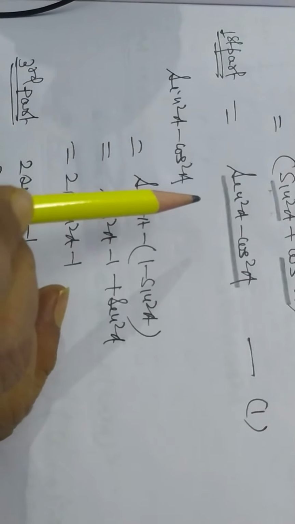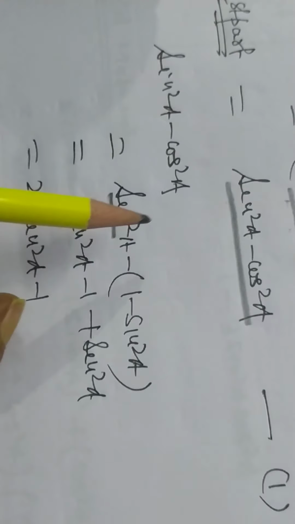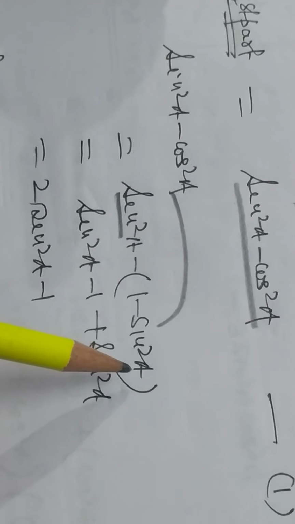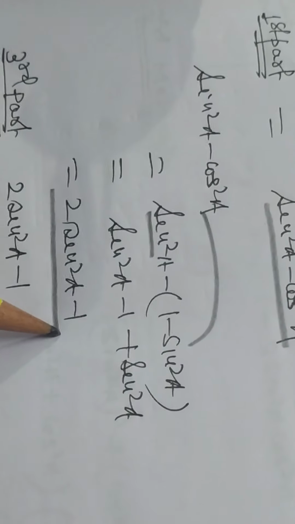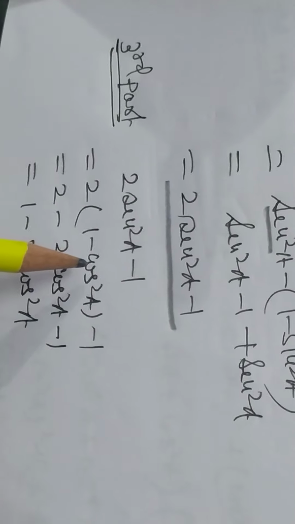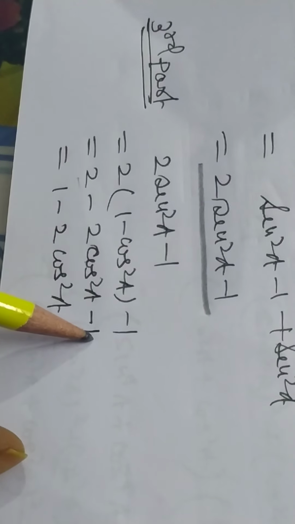So the first part, sin square a minus cos square a, can be written as sin square a minus cos square a, and instead of cos square a we write 1 minus sin square a. After simplification, it is 2 sin square a minus 1. The third part is 2 sin square a minus 1. Now you change sin square a in terms of cos square a, and it will be 2 minus 2 cos square a minus 1, and it will be 1 minus 2 cos square a.